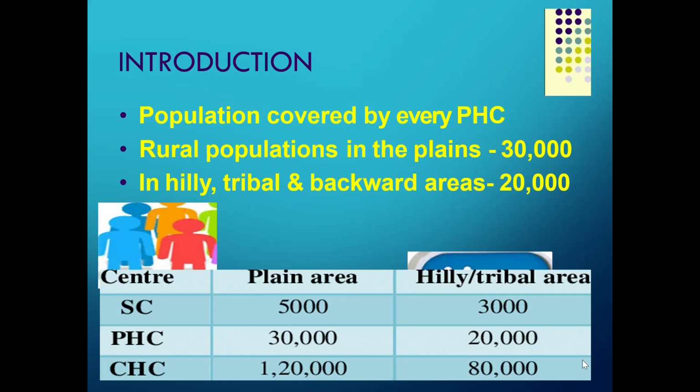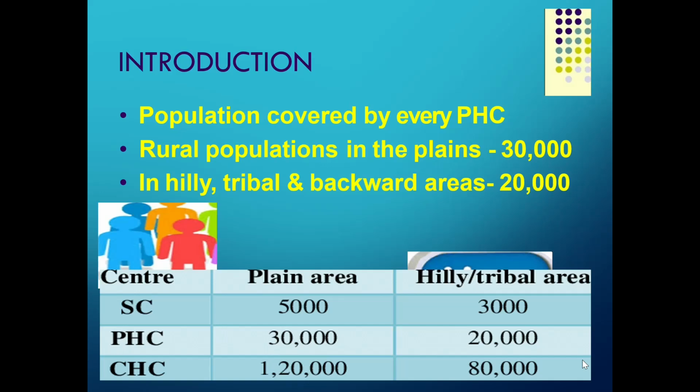The rural population should be around 30,000. So if one village has around 5,000, another has around 8,000 and one more has around 9,000, they combine two or three villages and give a central place for the primary health center.